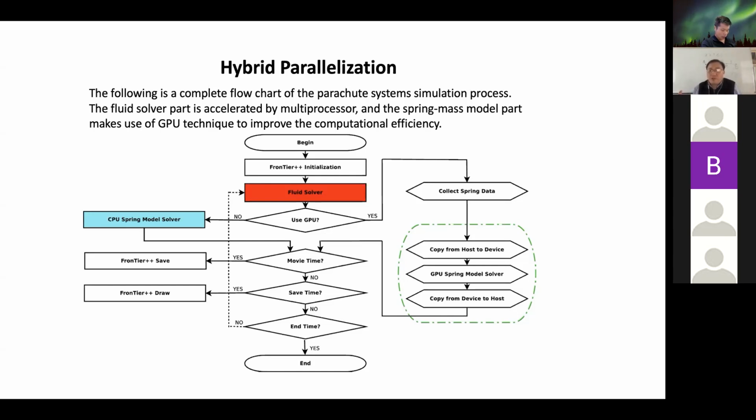For the fluid solver, we still use the domain decomposition method, or MPI. However, when you collect all these mass points into one processor, you are making all other processors idle. So how could you shorten the time needed to solve the canopy or the spring mass model?